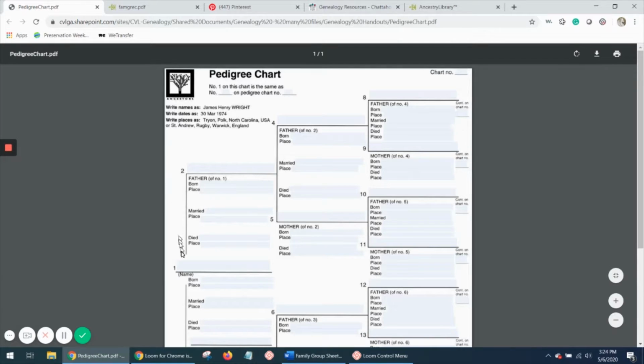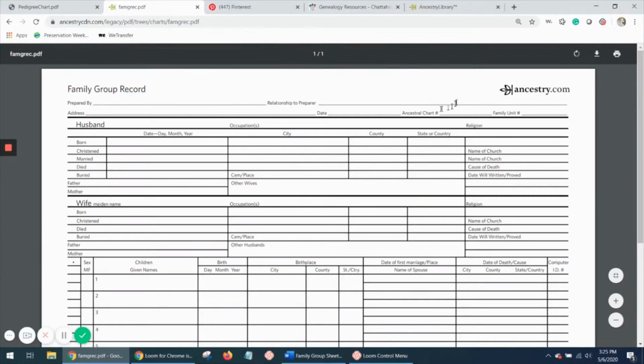If you started a pedigree chart and you are number 1, your parents are here, grandparents, great-grandparents, your ancestry chart would be chart number 1. This is what you put in that blank right there, so that you know the information that you're taking is coming from your ancestry or pedigree chart number 1.